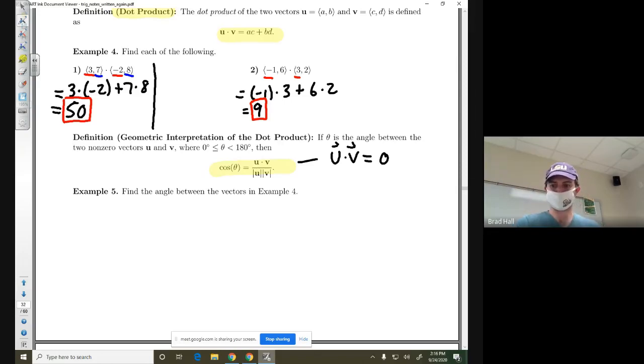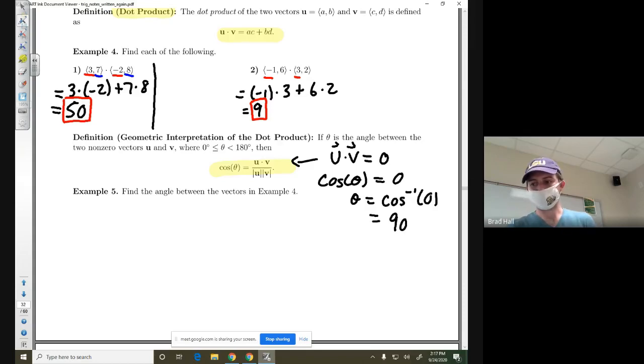If the dot product is 0 over here, guess what? Then we have cosine of theta equal to 0, because the numerator is 0. Then you could take cosine inverse of 0. Guess what that is? It's 90 degrees, just like two perpendicular vectors. I know, it's kind of cool, relative to my interpretation of what is cool.